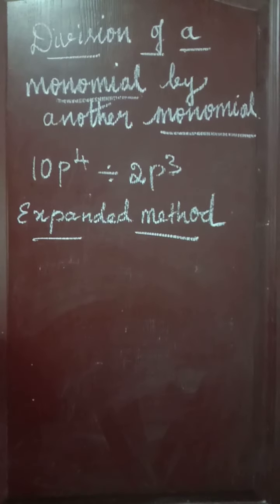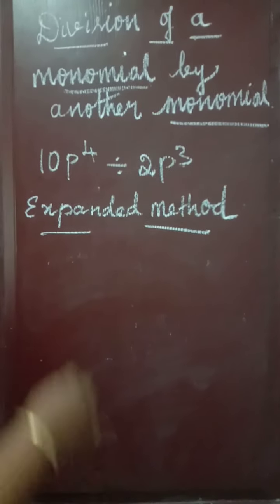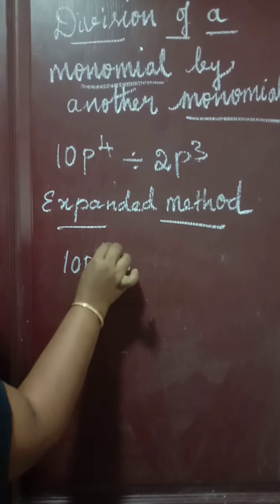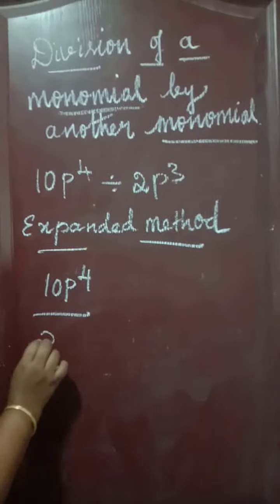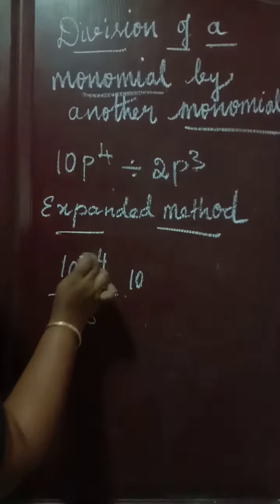There are two methods. The first method is expanded form. So 10p power 4 divided by 2p cube. Here, what is the number? Yes, 10 is the number. So I write 10, then p power 4.